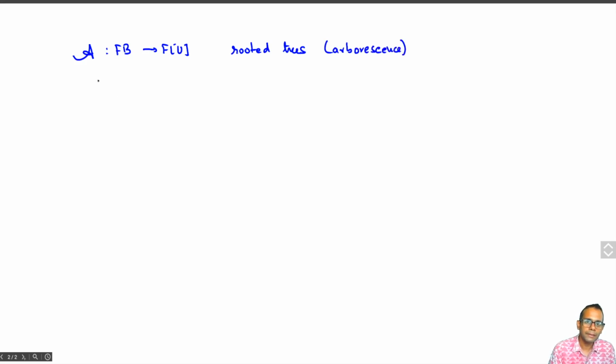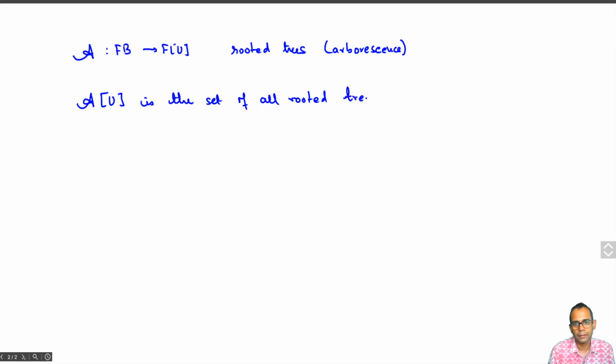So what this means, I'll explain. So A of U is the set of all rooted trees with vertices labeled by the elements of U.